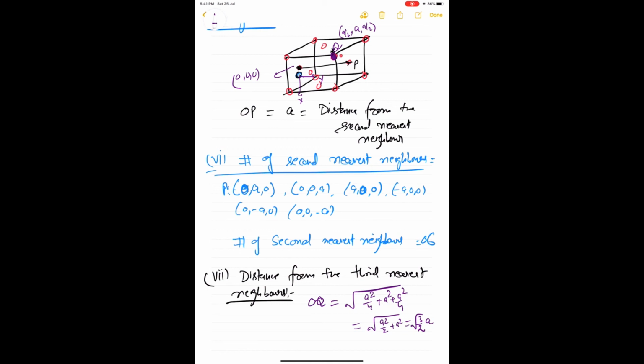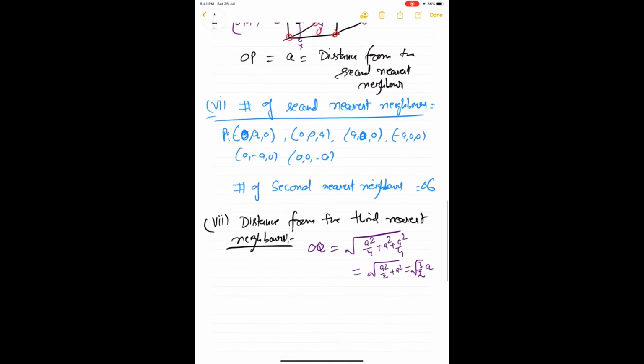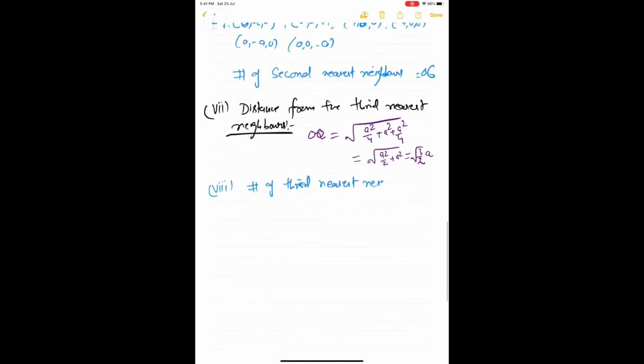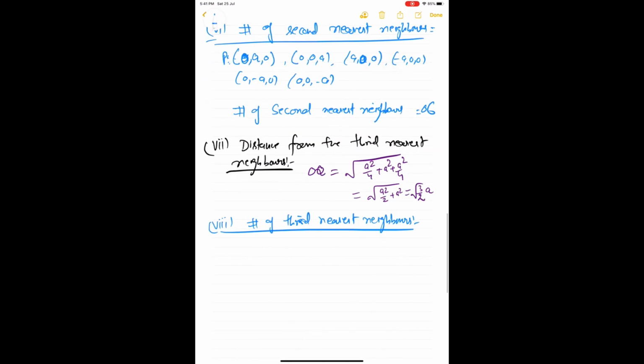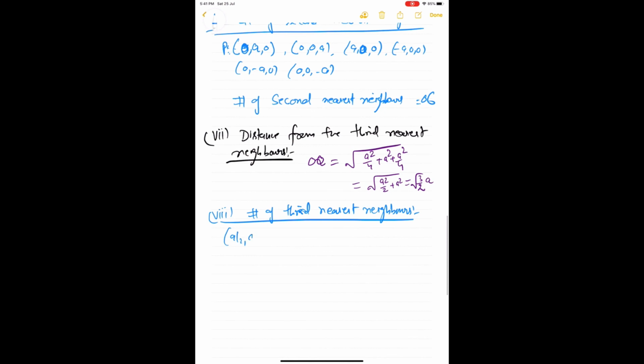Alright, so that's what we get as the distance to the third nearest neighbor. And how many such neighbors exist? For that we'll have to do a little bit of permutation and combination. The coordinates of point Q I've already written as a by 2, a, a by 2.